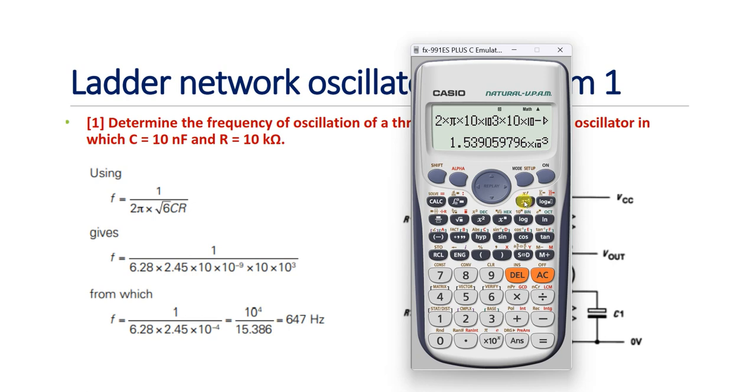I will do x inverse now. Answer to the power minus 1 means 1 divided by answer, which gives 649 only. 647 is wrong, 649 is the correct answer.